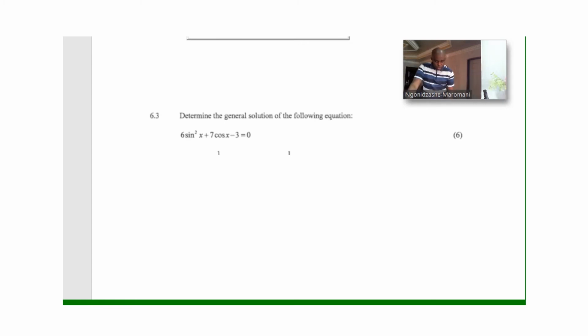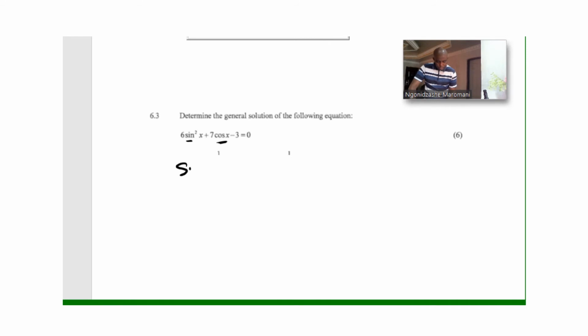So can you see it's 6 sine squared x plus 7 cos x minus 3 is equal to 0. As you do this question, you must be able to note that we have a cos here and a sine squared here, which means we must convert the sine squared to a cos. Therefore, what do we use?